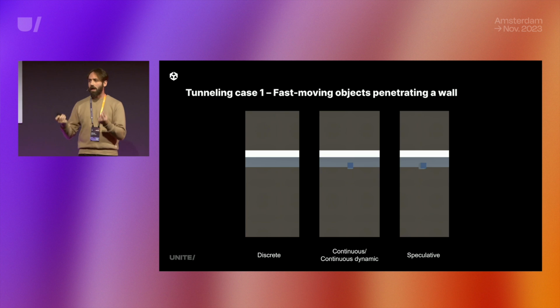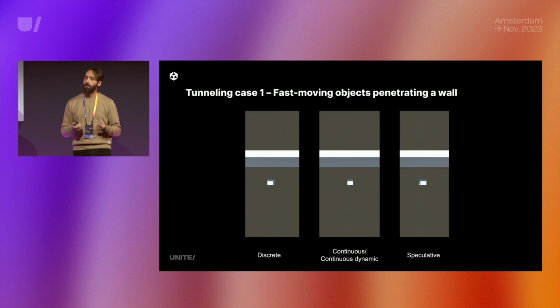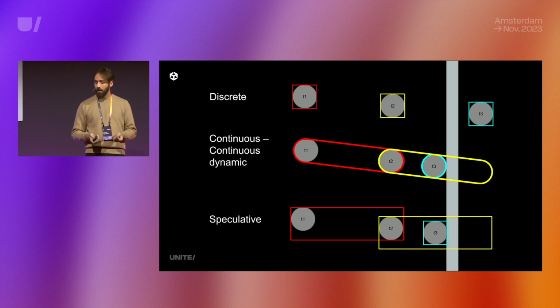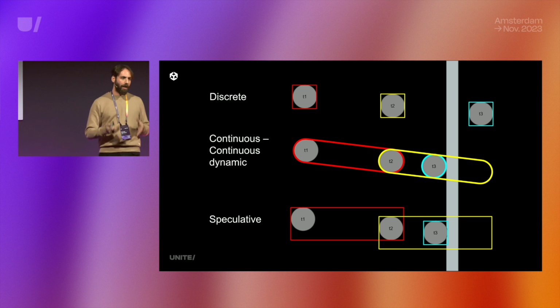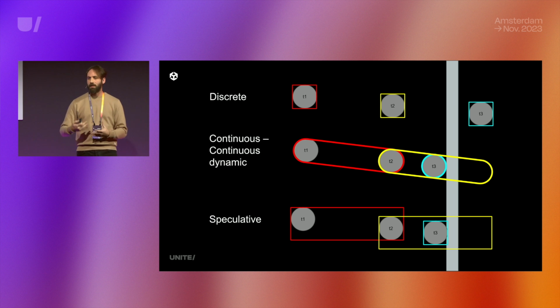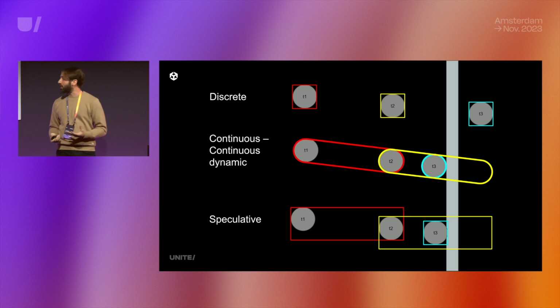Let's explore why this happens and how the different collision detection methods work. First we have discrete, which is the cheapest of all the methods, and works by detecting the AABB of your body and detecting colliders that fit inside that AABB. In this case, you can see that at time 1, the object doesn't have any collider around, so it keeps moving.